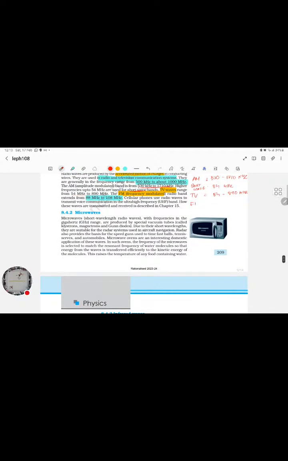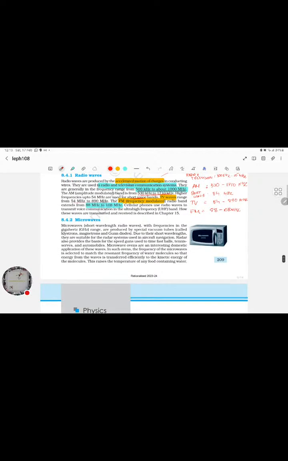And FM, we obviously know, is always tuned between 88 to 108 megahertz at the maximum, that's all. So these are the radiation ranges for different types of waves. I think that will be given in most of the books.